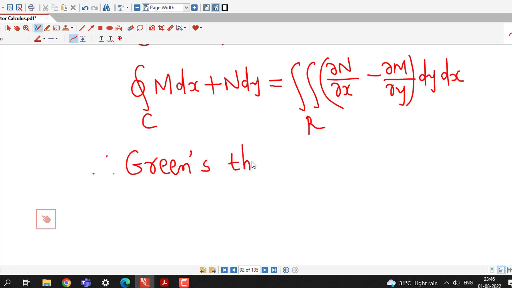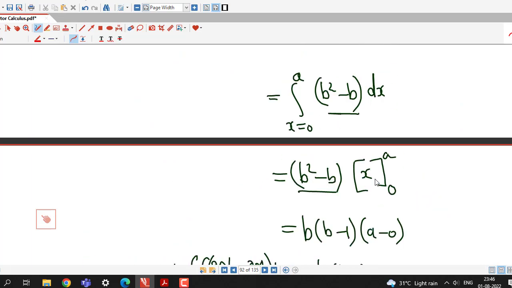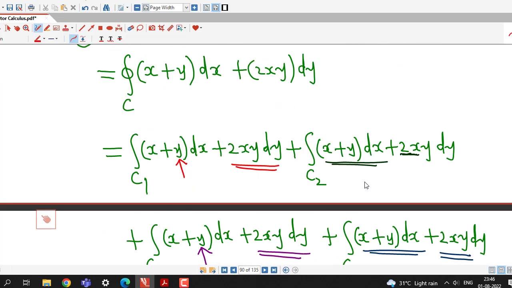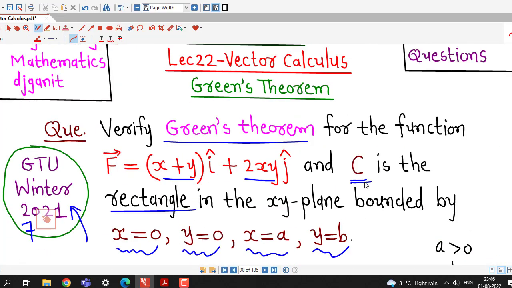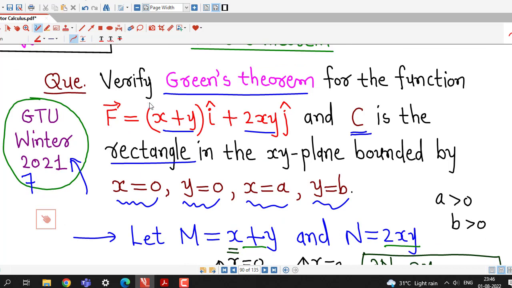So if they ask you to verify the result, you must compute line integral as well as double integral. But suppose this question is to obtain the value of line integral. Suppose instead of verify, they ask you to apply Green's theorem to obtain the integral of this vector field.